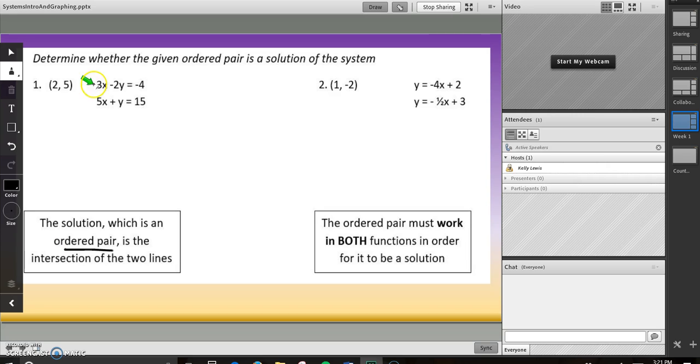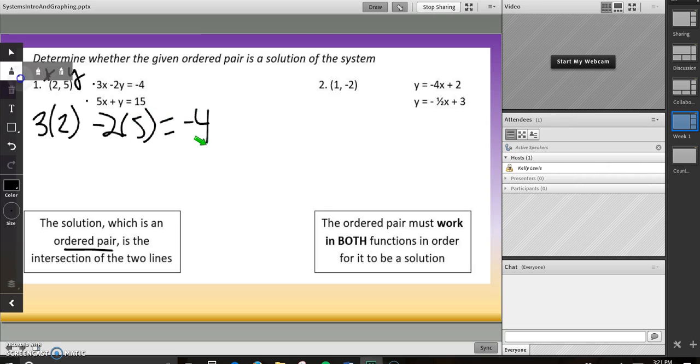So for example, let's look. The 2 is the x, and the 5 is the y. We're going to do 3 times 2 minus 2 times 5 equals -4. I'm going to stick this in my calculator. I mean, I can do it in my head, 6 minus 10. Okay, and we do get -4.